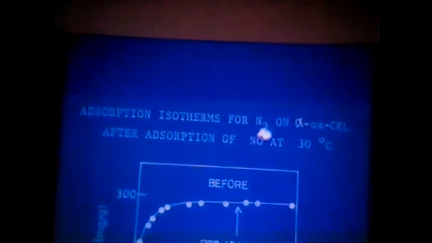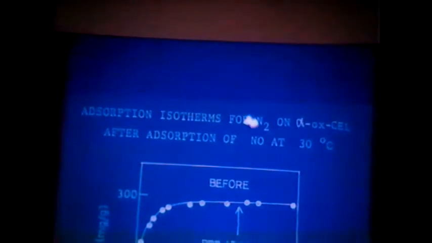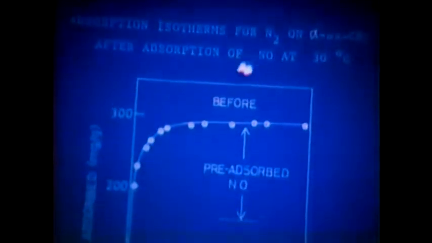This slide shows adsorption isotherms for nitrogen on alpha FeOH cell before and after adsorption of NO at 30 degrees.